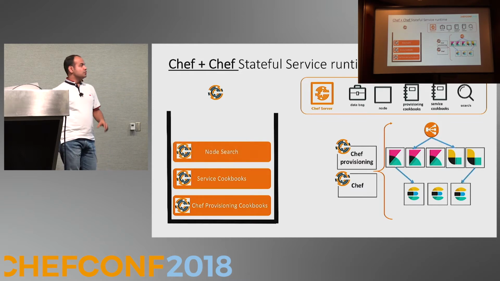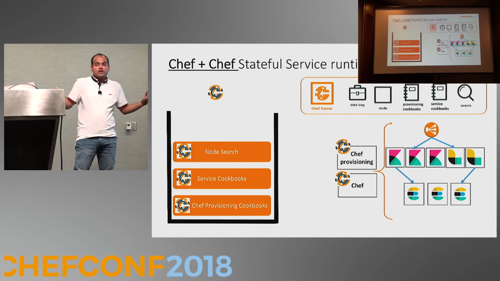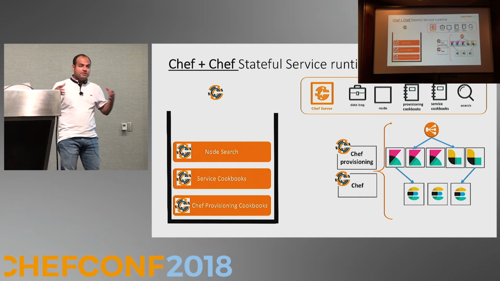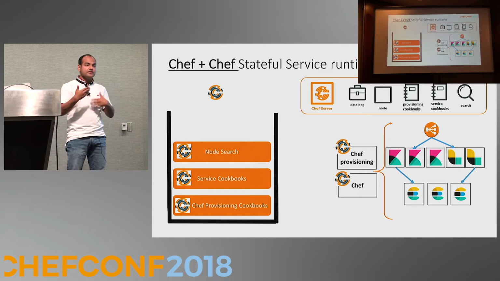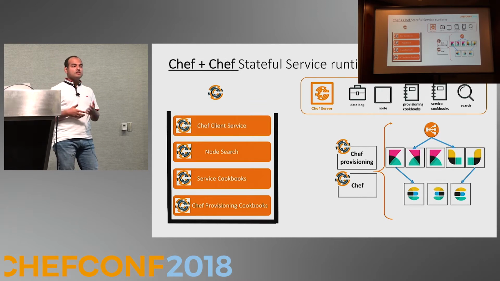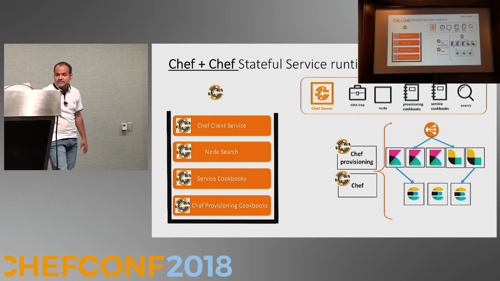Then to make a cluster of Elasticsearch, because in the cluster one node needs to know about other nodes, what are my peers, we use Chef node search, and with that we find the IPs of the peers, reconfigure the cluster and restart the service. And to keep it up and running, we use Chef client, which keeps converging on those machines every 30 minutes. So that's how it works step by step.